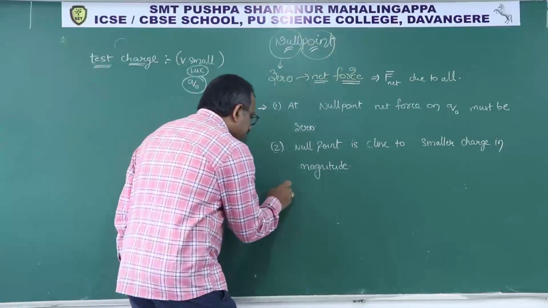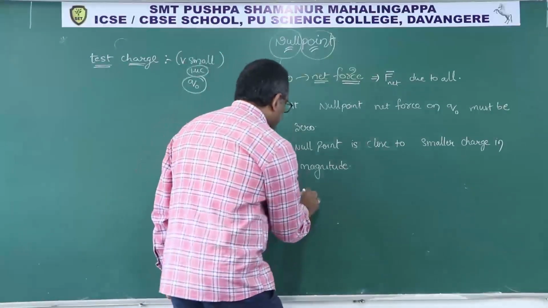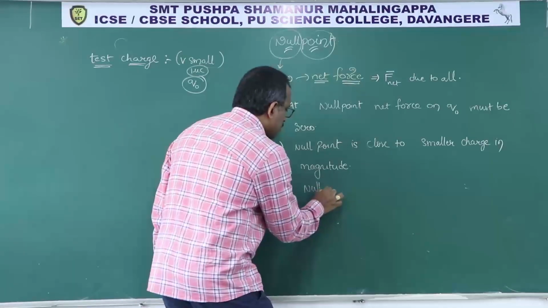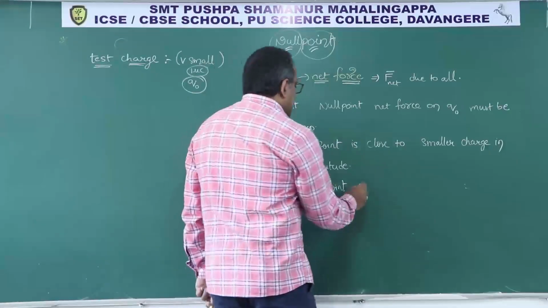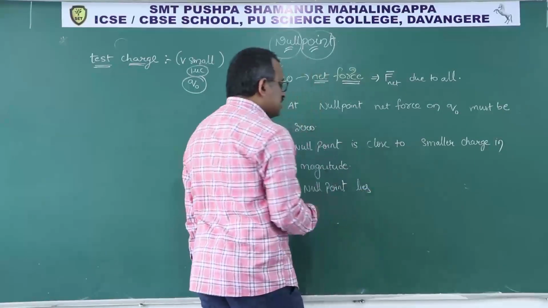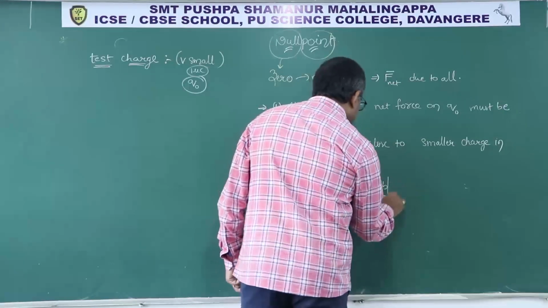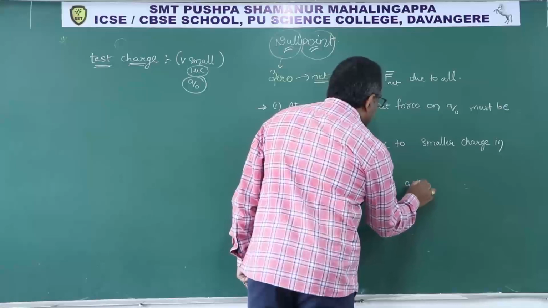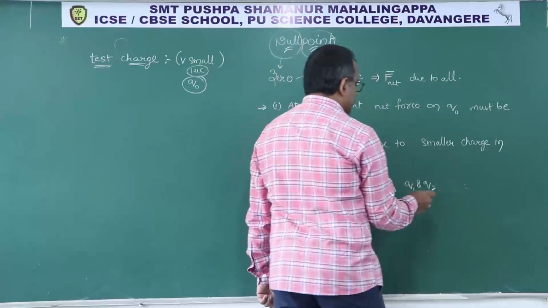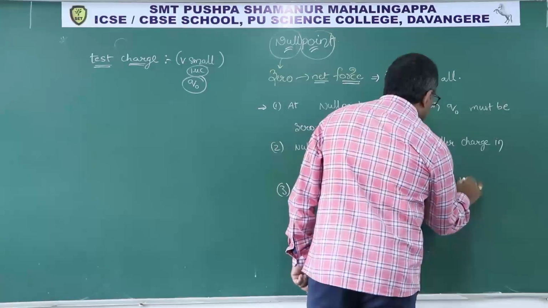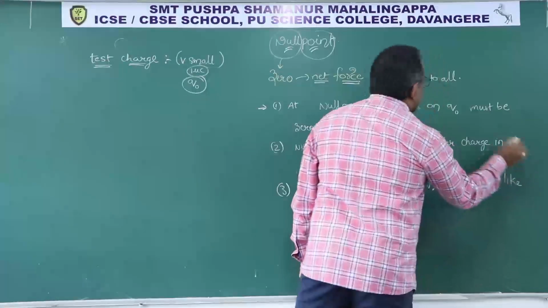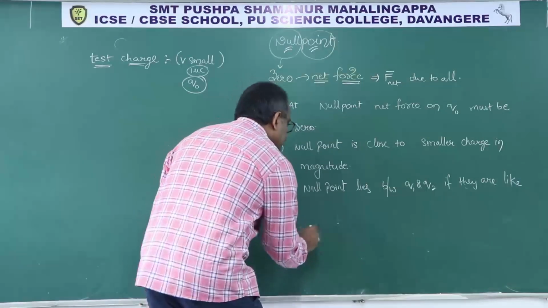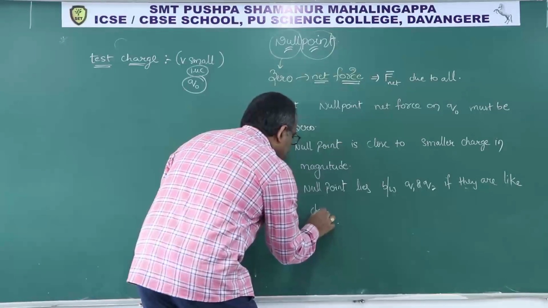Point number 3. Null point lies between Q1 and Q2 if they are like charges.